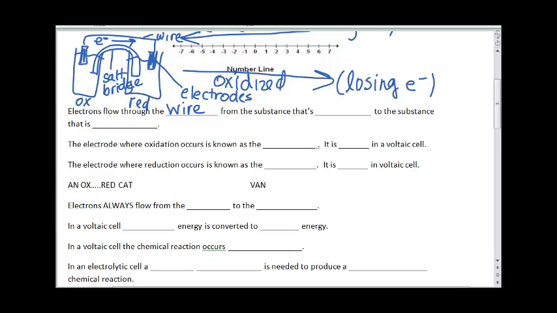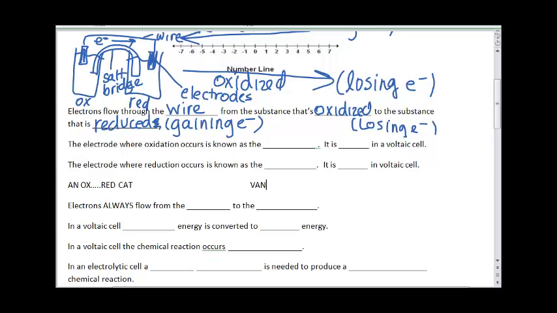from the substance that's oxidized, because he's the loser, so from the substance that's losing electrons to the substance that's reduced, that's gaining electrons. That makes complete logical sense.